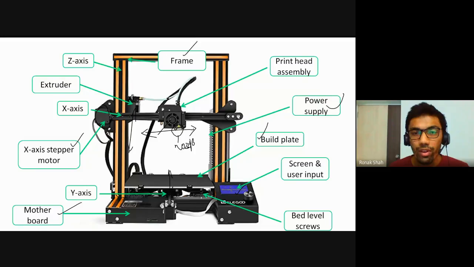These are the cooling fans. There is one cooling fan over here, one cooling fan over here. What it does is pull the air from the outside and blow it over the nozzle. This keeps track that the nozzle is never overheated, and this particular fan is used to cool the material which is being printed.